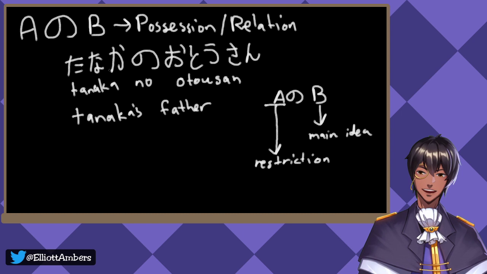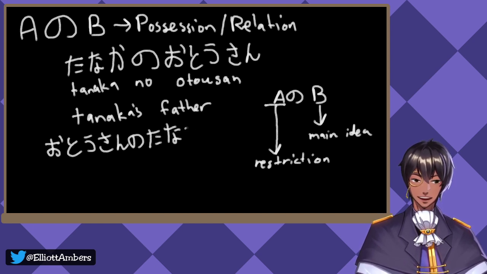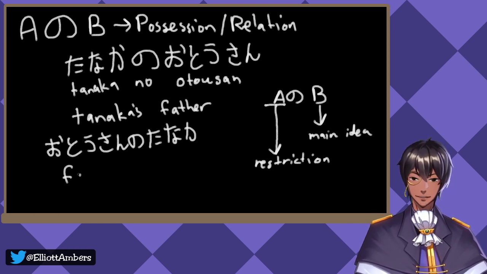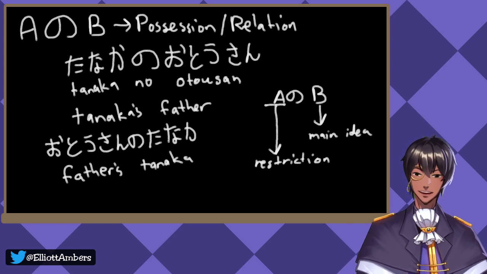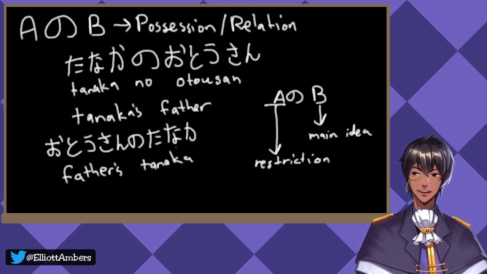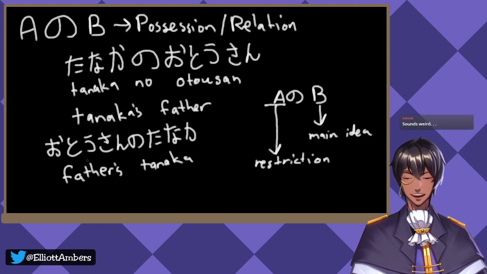That's why we wouldn't say the other way around: Oto-san no Tanaka. If we said something like this, this would sort of be like father's Tanaka. Since no Tanaka would be that main idea that we're talking about Tanaka, the possession, that restriction, is that it's the father's Tanaka.